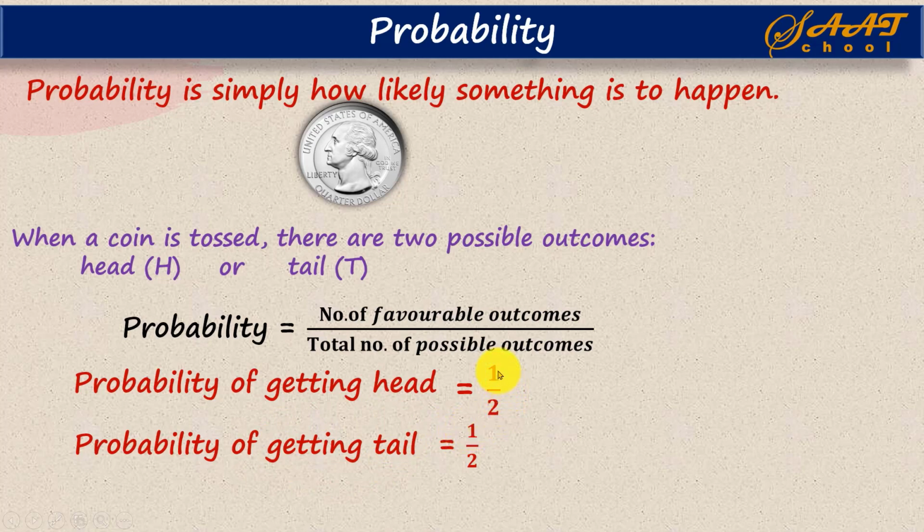The reason is there is only one head, there is only one tail, and possible outcome remains same, that is head and tail. So this is the probability of getting head and probability of getting tail. Again, favorable outcome is something that we are interested in or something that we are looking for, and possible outcomes, in this case we have head and tail. That is all the outcomes which are possible.